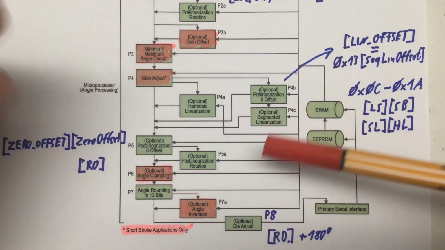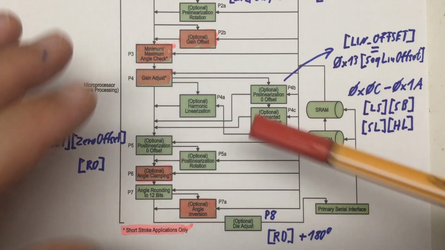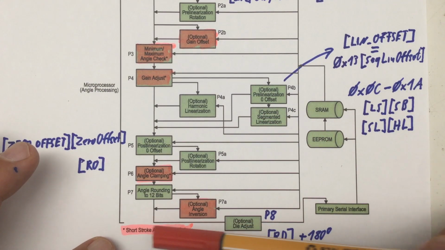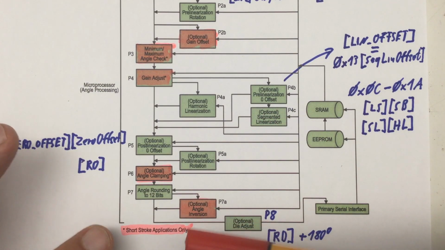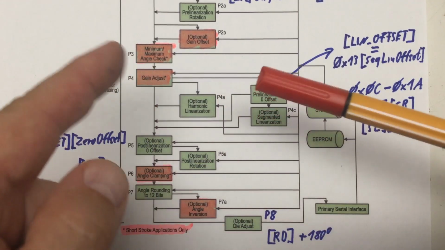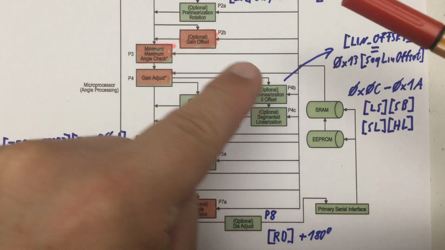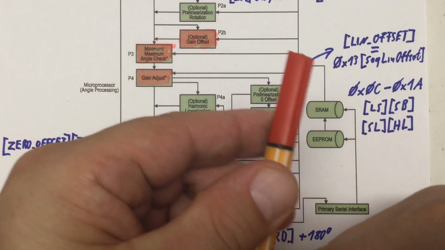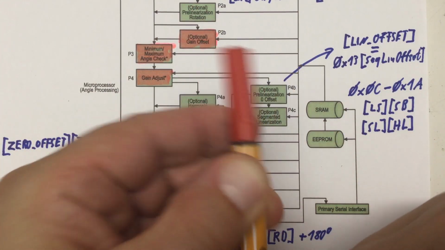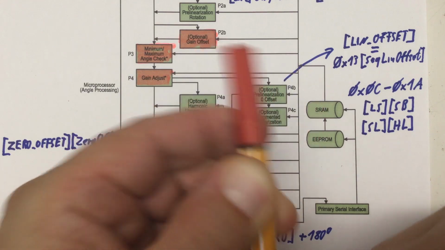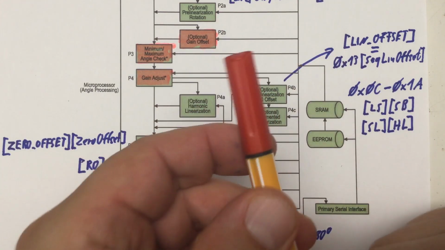Finally, the A1335 can also be used for so-called short stroke applications. Meaning we're not really measuring an angle from 0 to 360, but maybe just something plus minus 5 degrees, or plus minus 2 degrees.